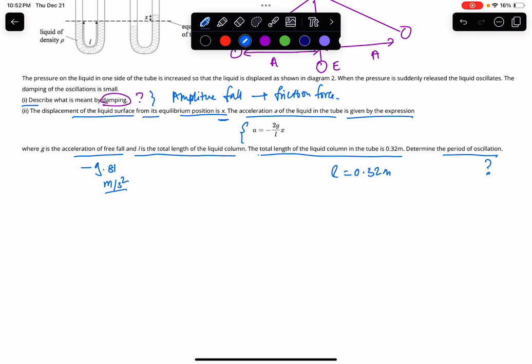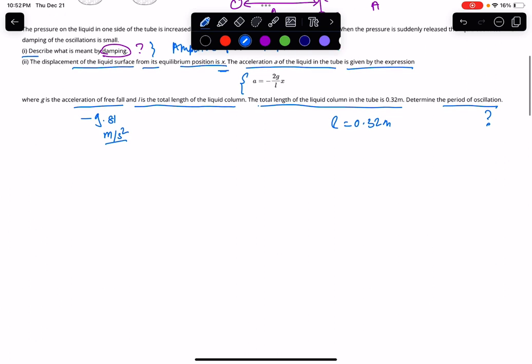The way we can think about it is that the defining equation for simple harmonic motion is a equals negative omega squared x, and they give us another equation that a equals negative 2g by L times x.